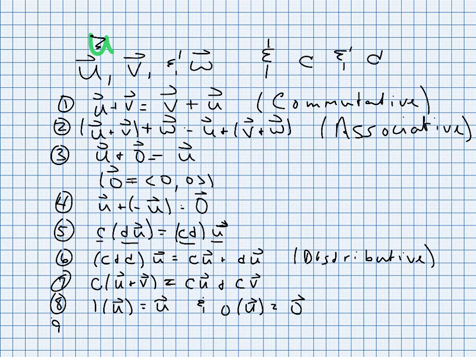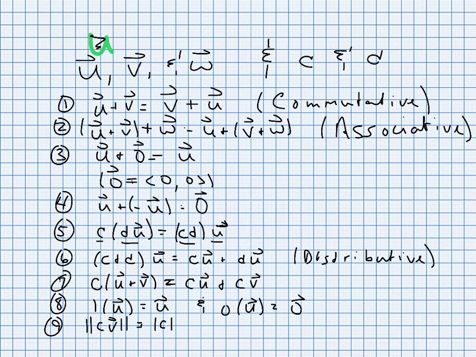And number 9, last but not least, the absolute value of CV. So this is a constant times V. And now, a little bit different deal here. These absolute value bars are different between scalars and vectors. Absolute value for a scalar is just like you remember it.